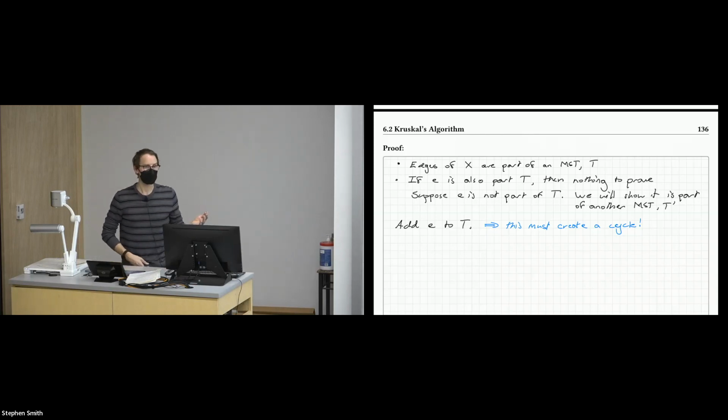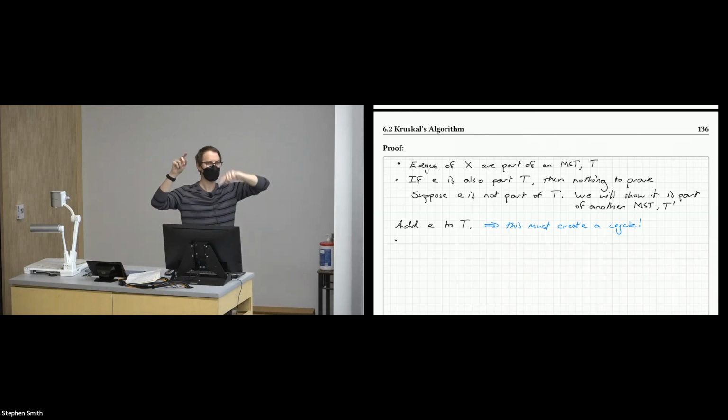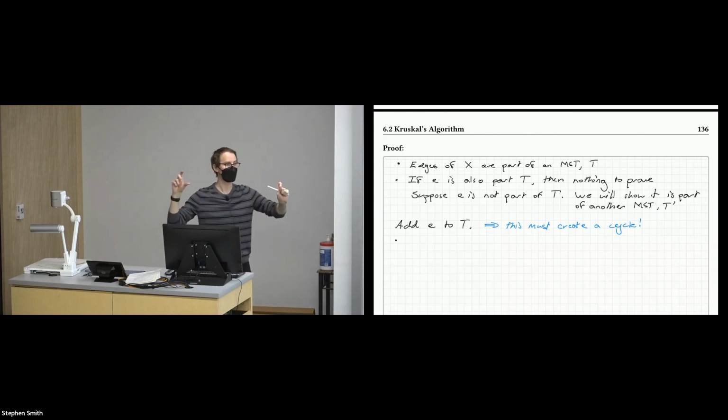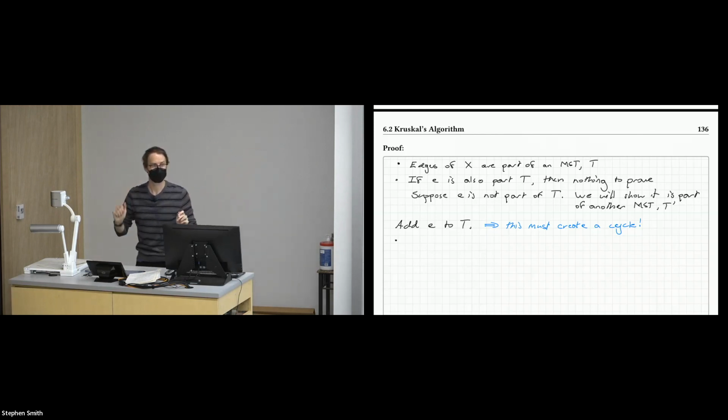Now, since we have a cycle, that means between the cut S and V minus S, we know that E crosses between, but since there's a cycle, there has to be another edge in our tree crossing between S and V minus S. So let me write it, and then I'll draw a picture to hopefully help illustrate that.